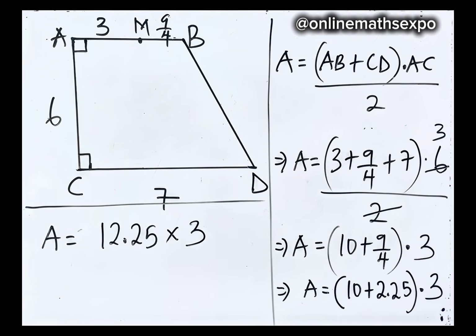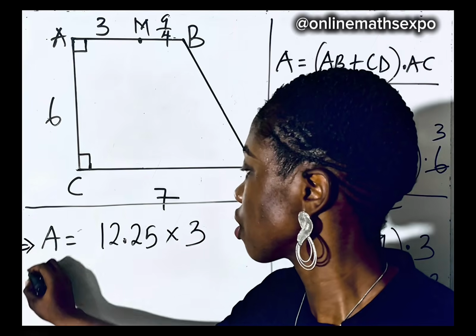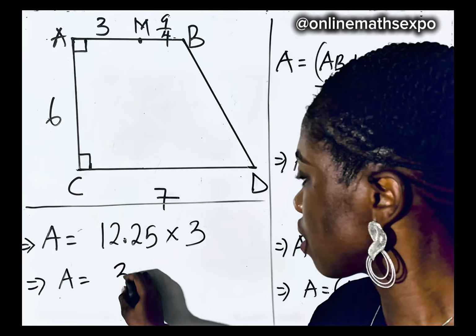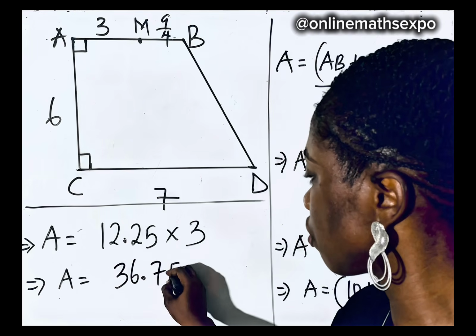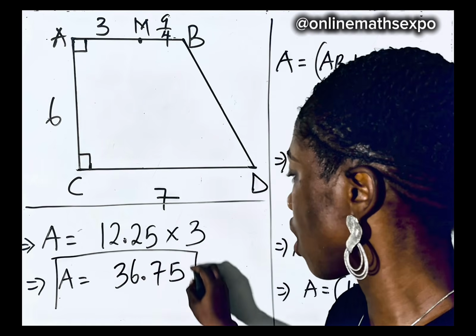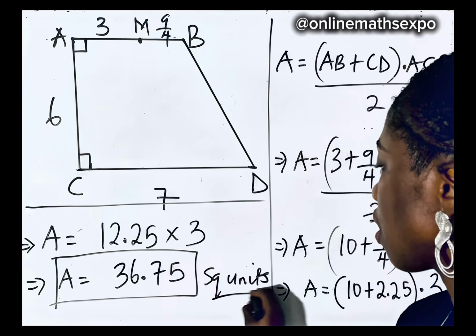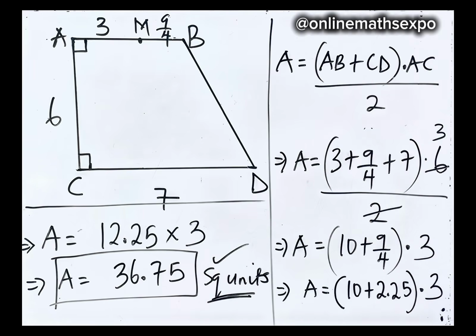So quickly multiplying this, it gives us the area of the trapezium as 36.75 square units. And this is our answer.